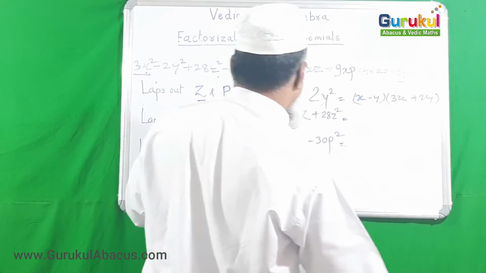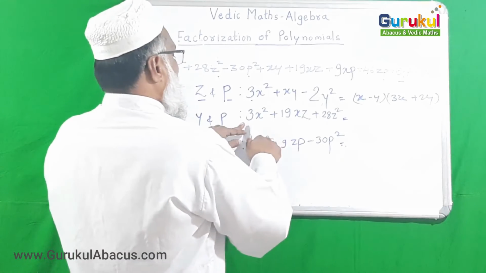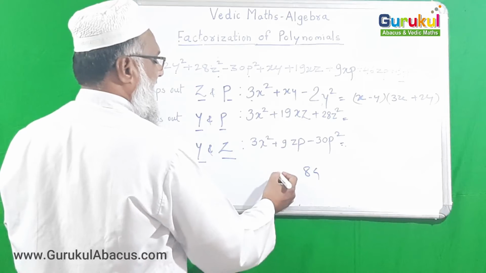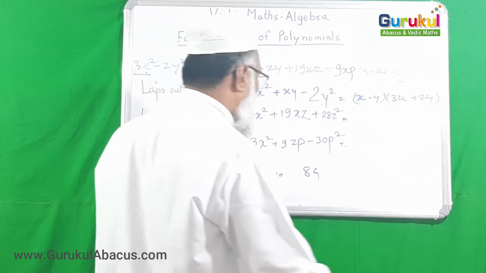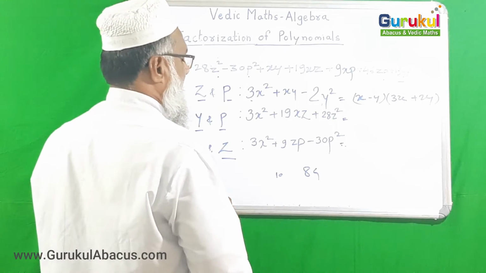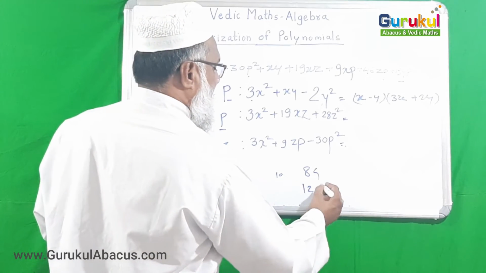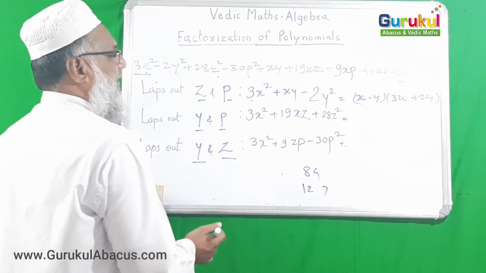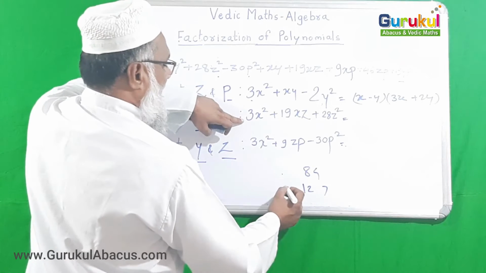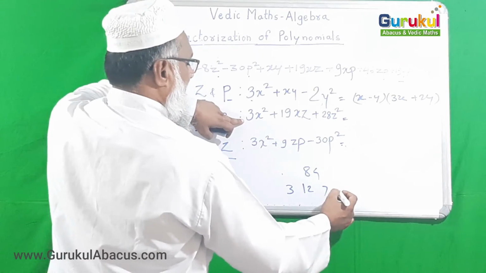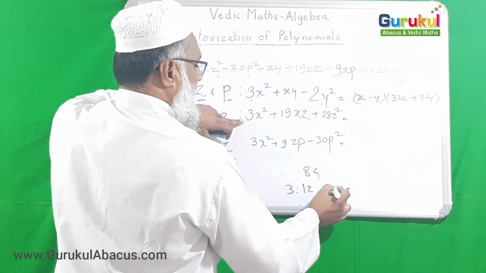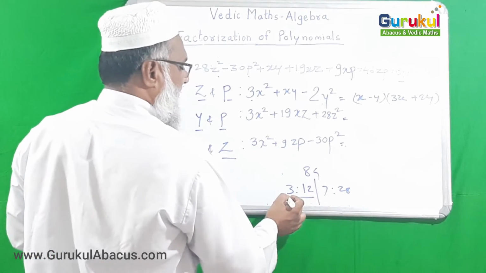Here, 28 times 3 is 84. Now we require addition 19, so think how we can get 19. 12 times 7 is 84, we can take that. Now just arrange 3 here and 28 from here and see the ratio. It can be satisfied: 3 times 4 is 12.